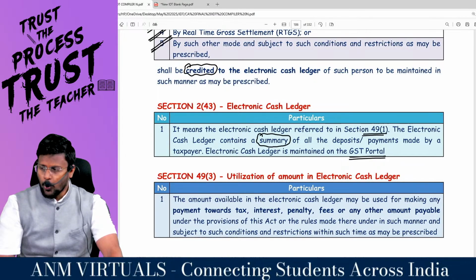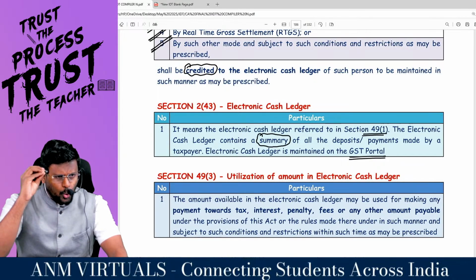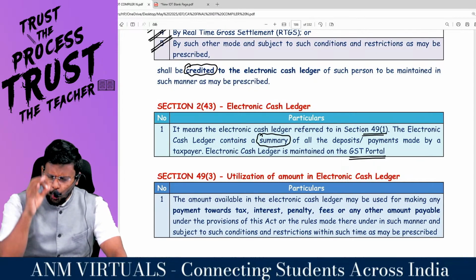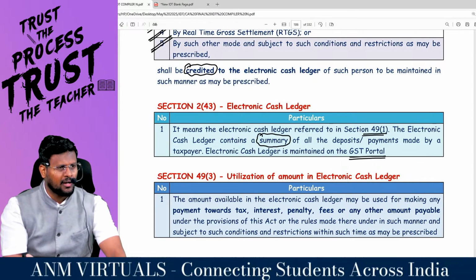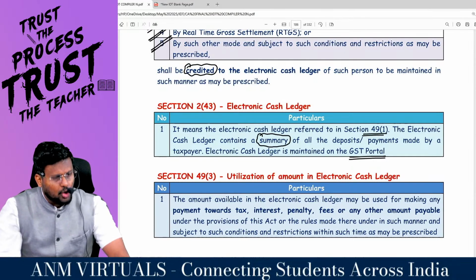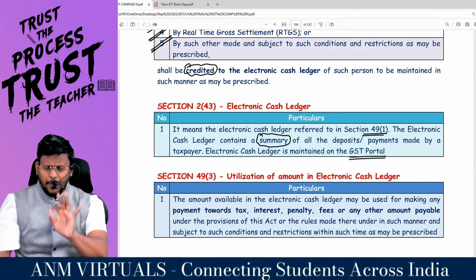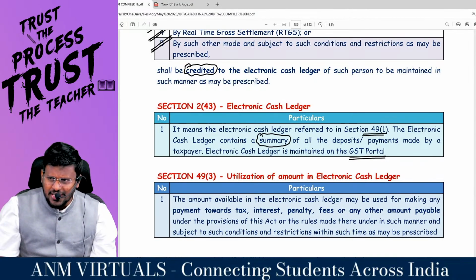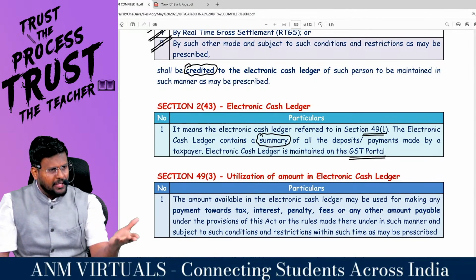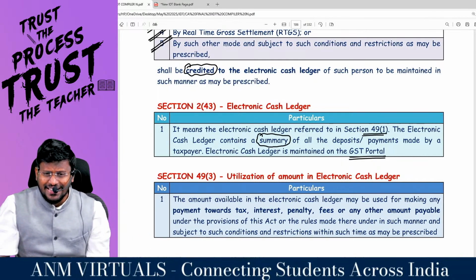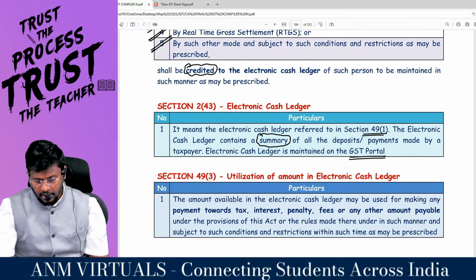So if you want to know the total deposits and total payments made by a taxpayer, you have to go and see the electronic cash ledger. A taxpayer will be depositing money through RTGS, net banking, IMPS, all those modes, and that amount will be credited in the electronic cash ledger.